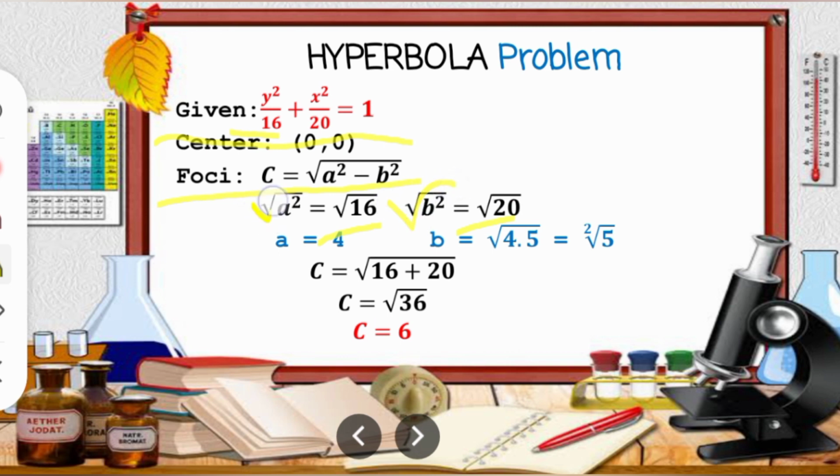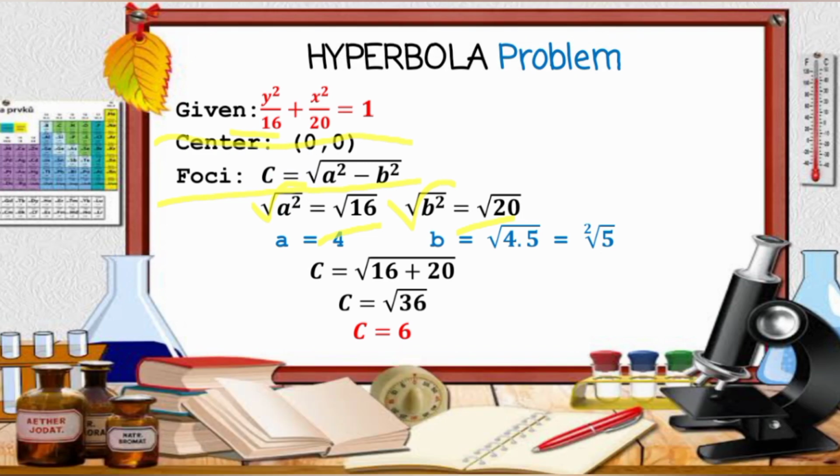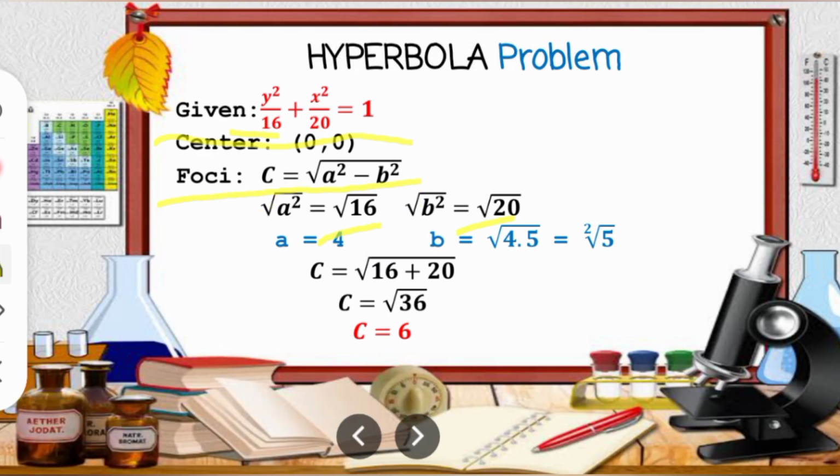The square root of 16 is 4. And the square root of 20, since 20 is not a perfect square, is the square root of 4 times 5, which is equal to 2 times the square root of 5. So this is our square root of 20.